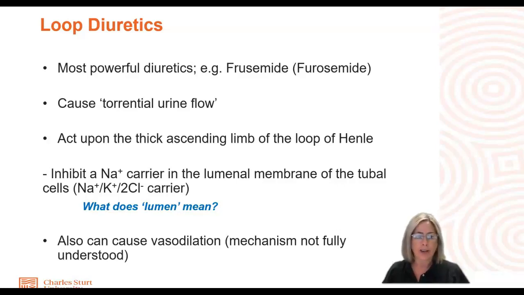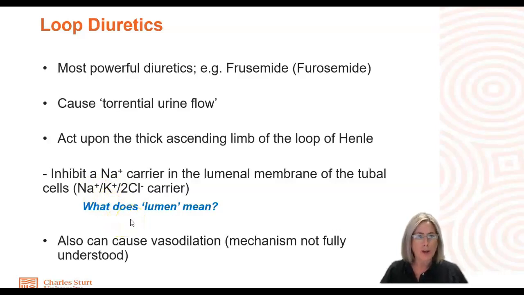So that's a carrier for sodium, potassium, and chloride. The loop diuretics actually inhibit the chloride part of the carrier, but by inhibiting the chloride part of the carrier, that also inhibits sodium and potassium reabsorption.